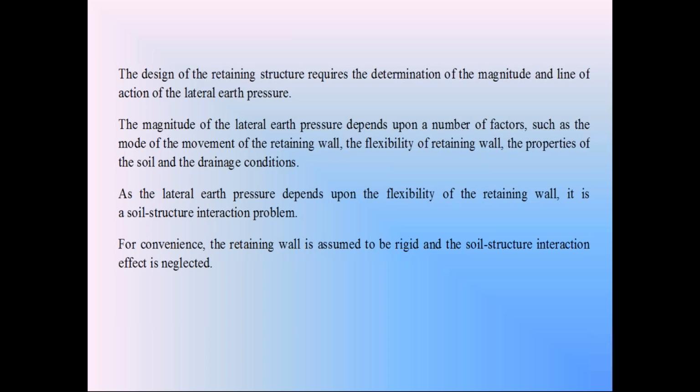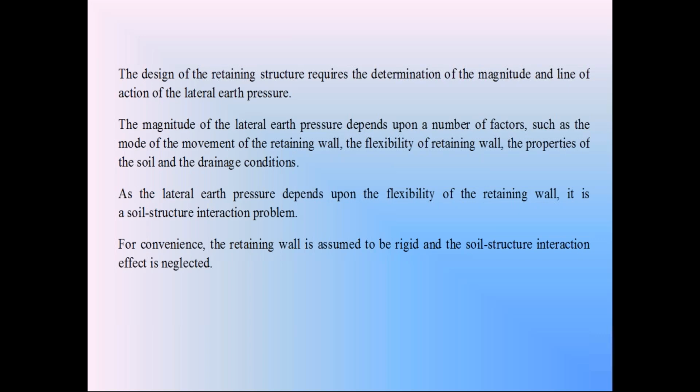That is also horizontal. It should also be considered in the design of the retaining wall. So in retaining walls, the magnitude of horizontal earth pressure acting on the retaining wall depends on the movement of the retaining wall, the soil properties, and the drainage conditions.